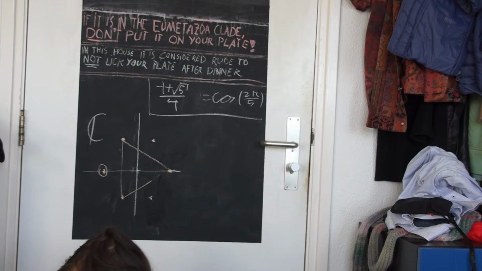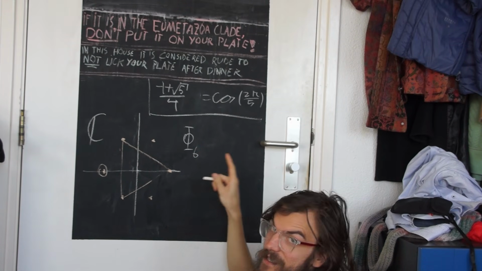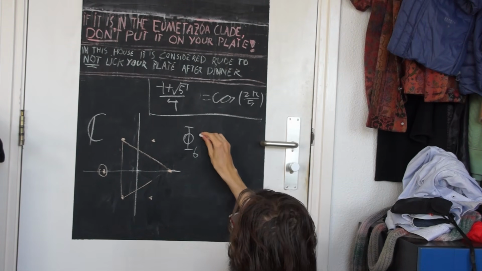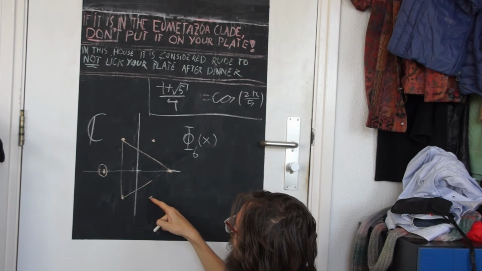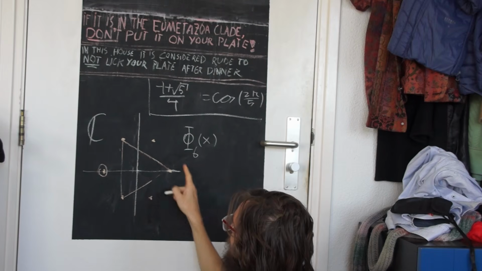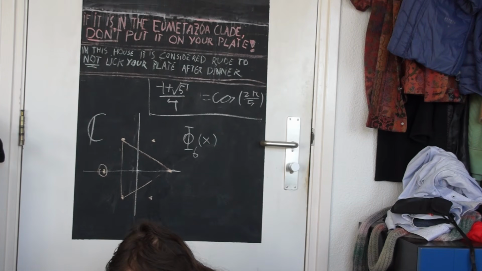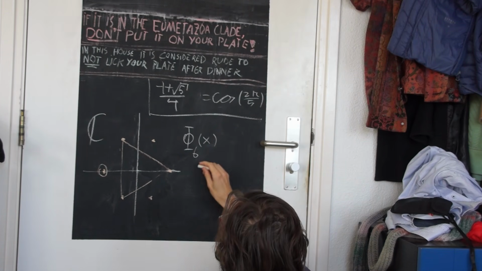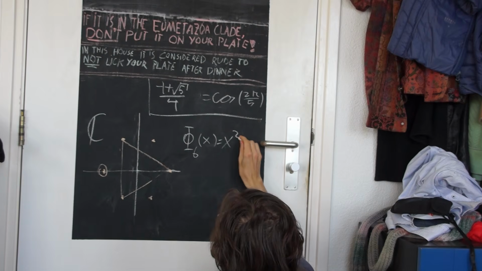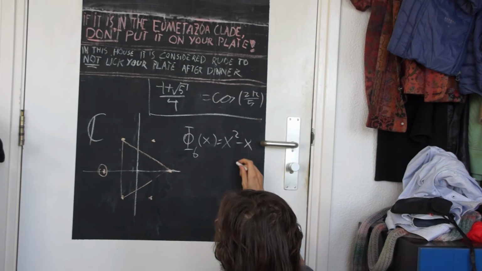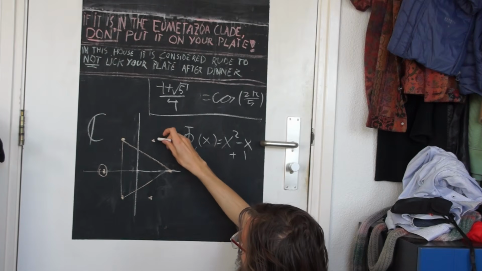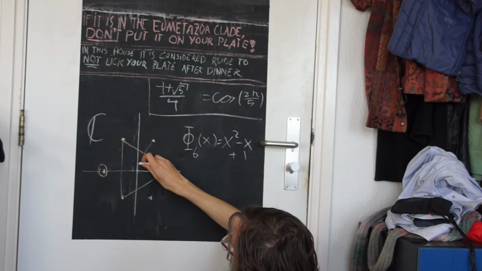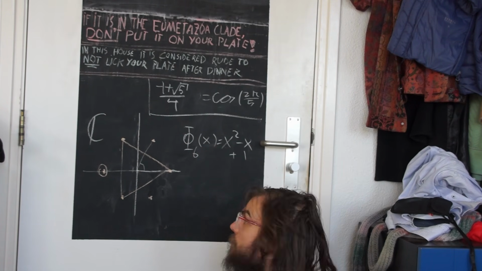So actually our 6th cyclotomic polynomial is going to be very simple, because it only has 2 roots, because these 4 are all redundant. The polynomial is going to be x squared minus x plus 1. Of course you can figure out what the cosine of this angle is, and it's very easy, it's just 1/2.